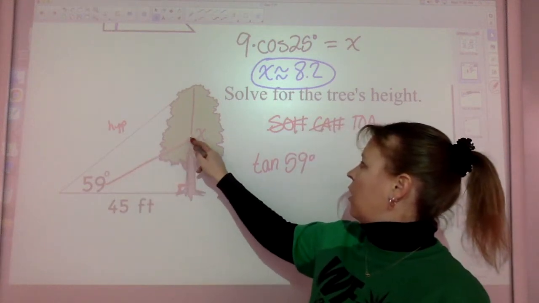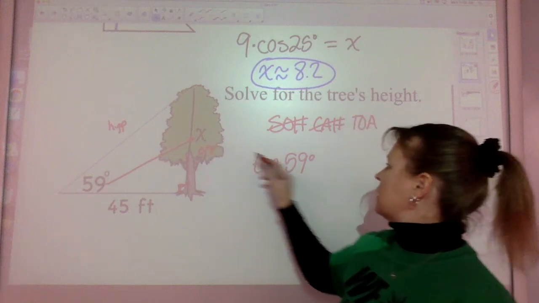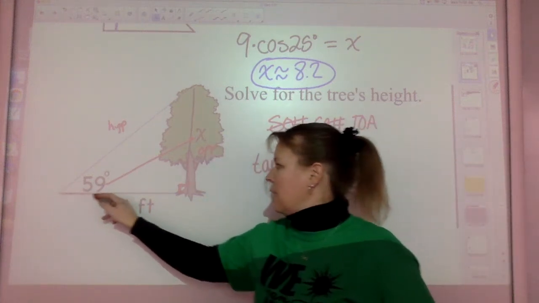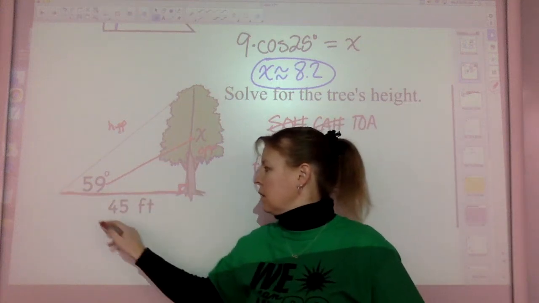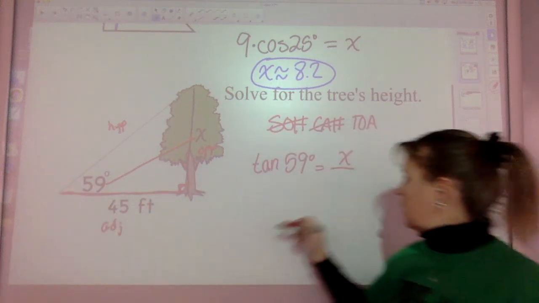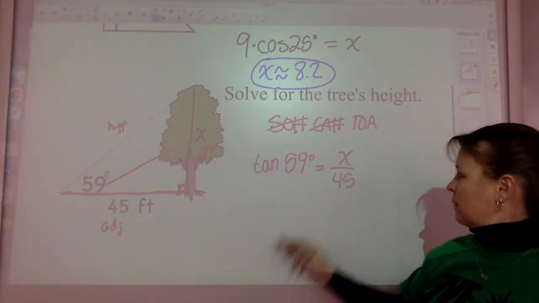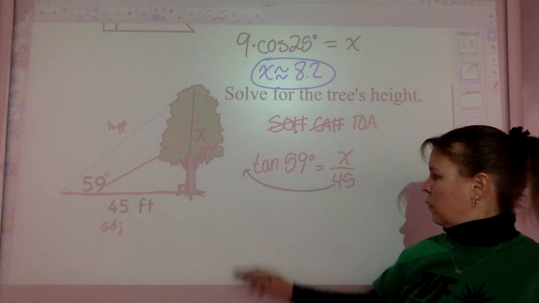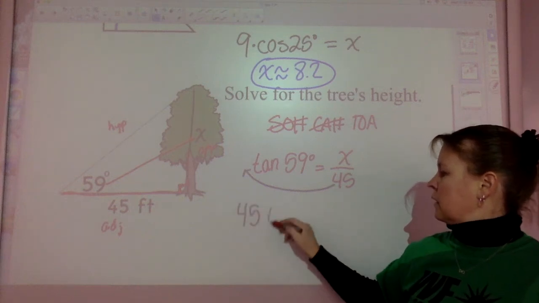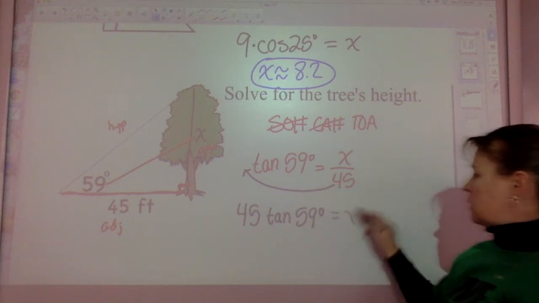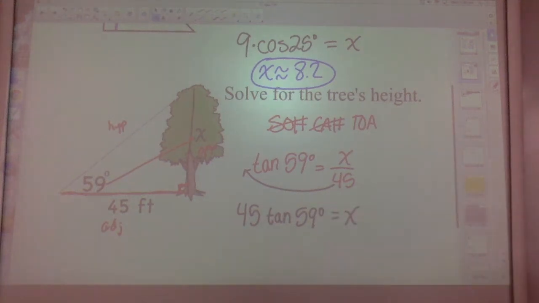The x is all the way over there, which makes it the opposite side. Opposite over, right next to the 59, or touching it, is the adjacent side. X over 45. Here's another one that we set up to just cross multiply. We get 45 times the tangent of 59 degrees equals x. 45 times the tangent of 59.